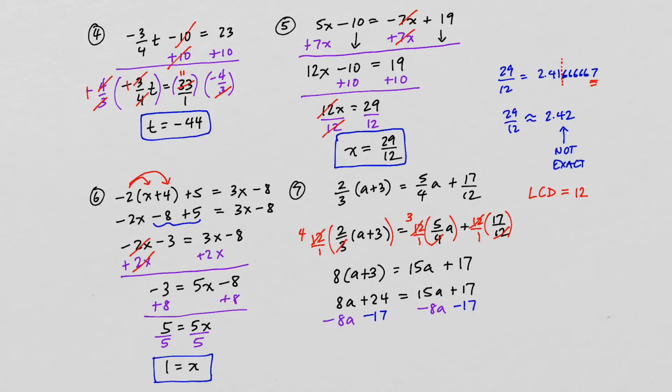Now, you don't have to do more than one step at a time if you don't want to. I'm just showing you that it is an option. And finally, I'm going to divide both sides by 7, and we once again get 1 for our answer, which is a coincidence, of course.